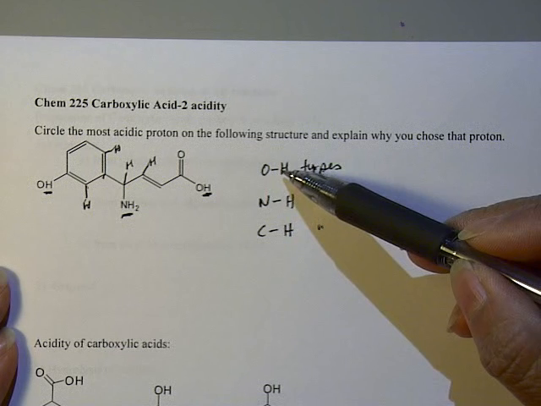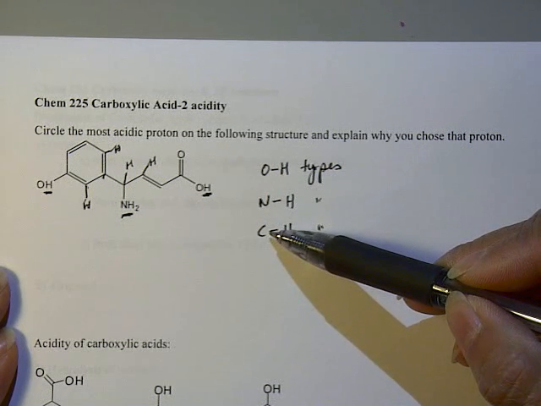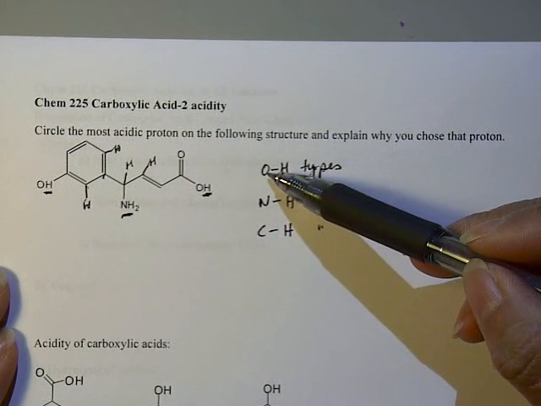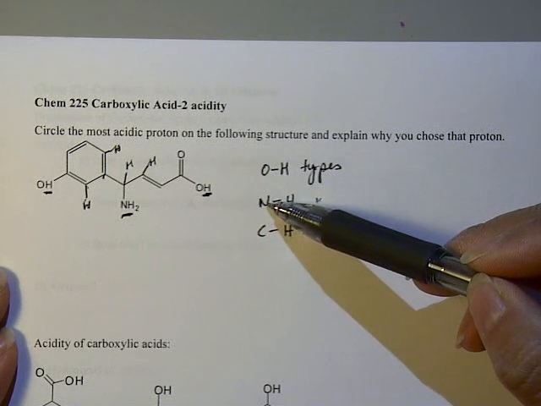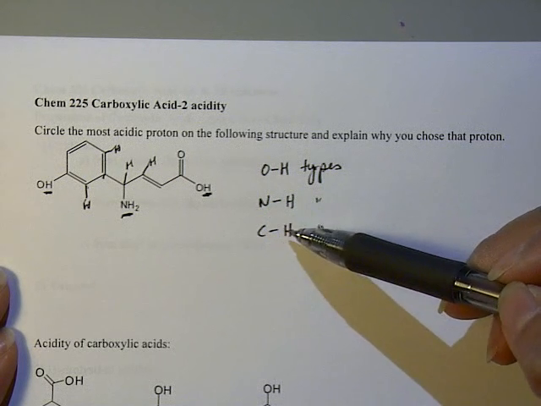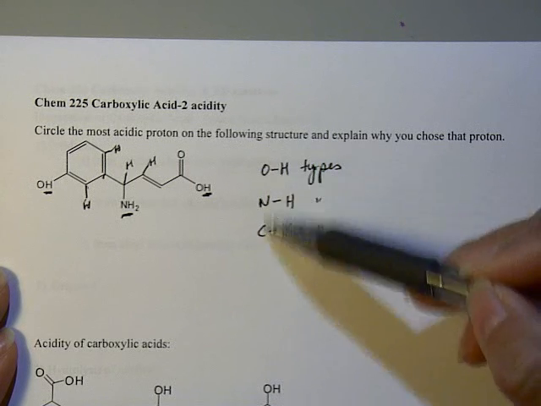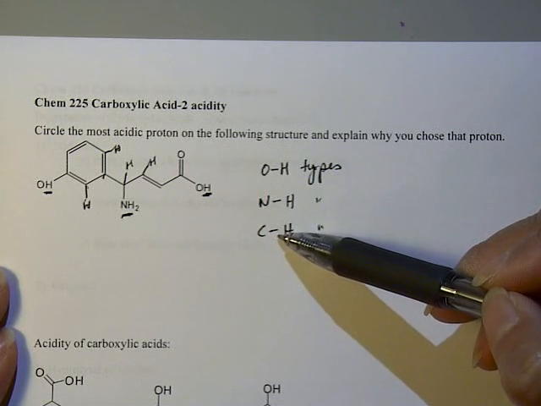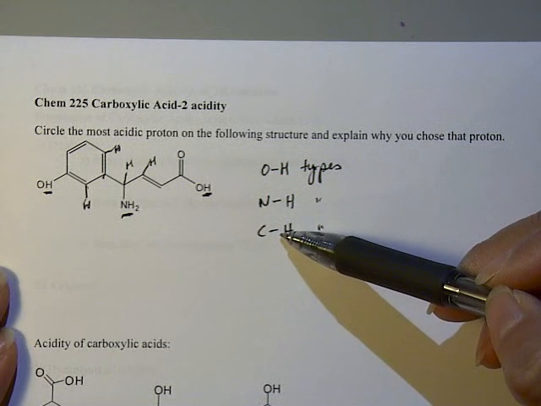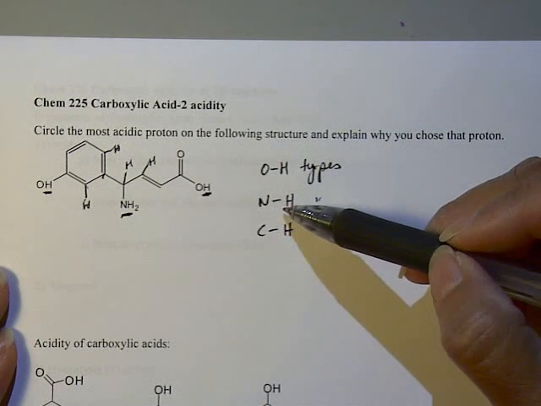And that's based on the fact that these hydrogens are attached to different electronegative atoms. So we know that oxygen is more electronegative than nitrogen. Nitrogen is more electronegative than carbon. So the hydrogens that are attached to different atoms are sharing the electrons differently. So carbon and hydrogen, the electronegativity is pretty similar, so they're shared pretty equally.